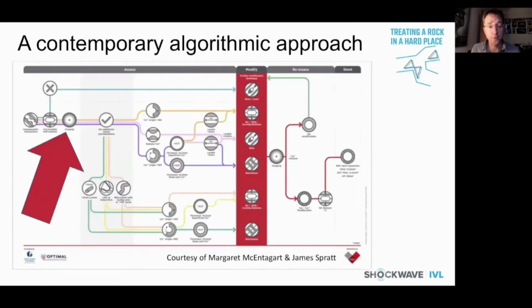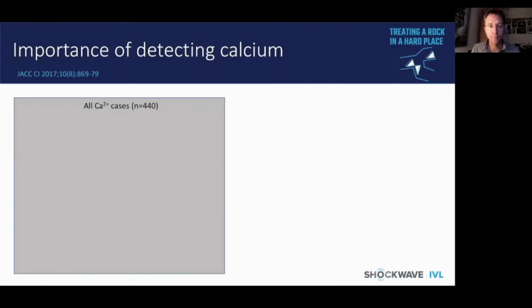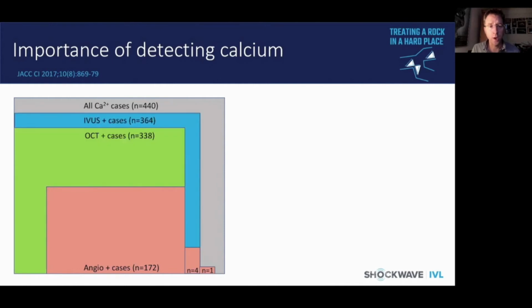It's therefore gratifying to see in the most contemporary algorithmic approach by Margaret McEntegart and James Spratt that imaging plays a very central role in decision-making. And why is that? Well, we know from this rather elegant series looking at a patient cohort who had angiography, IVUS and OCT, that angiography identifies calcium in just less than half of patients, where OCT, and then actually IVUS best of all, identifies a much more significant cohort.